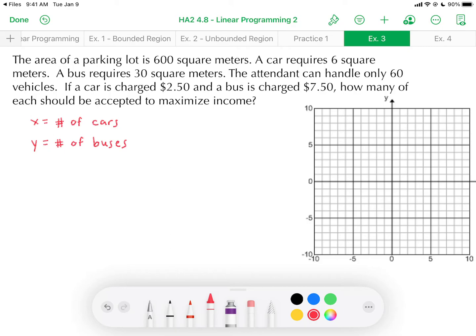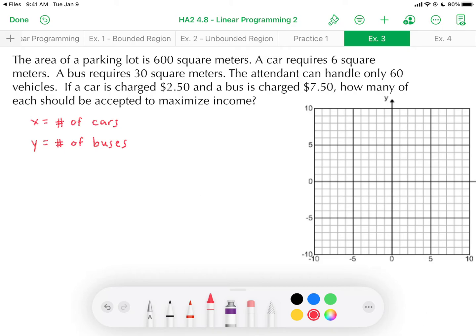Okay, so then there's several inequalities that we can come up with here based on the given information. Most of these problems are real world problems. In the real world, you typically can't have a negative number of something, right? So you can't have negative cars, you can't have negative buses.